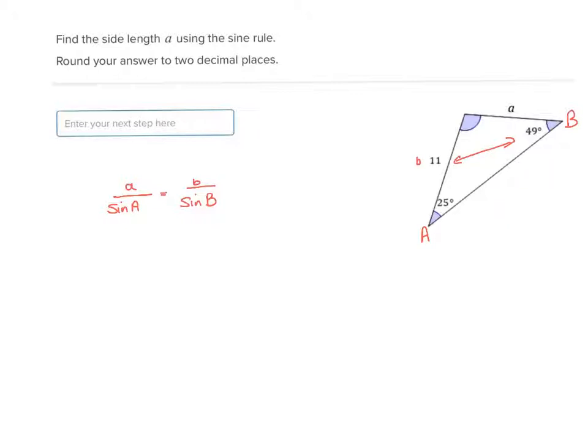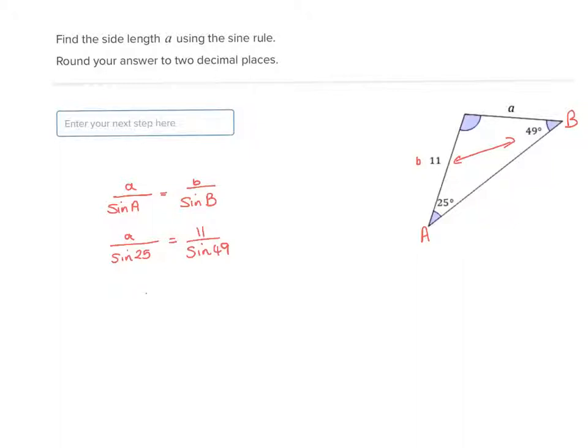So subbing in what we know, A is what we're trying to find. Sine, the angle is 25. B is 11 over sine of 49.